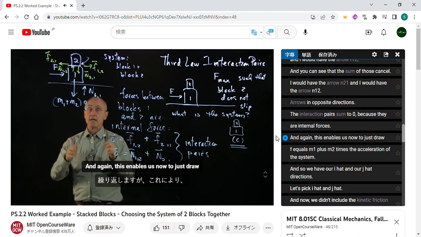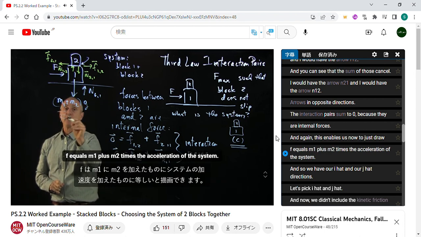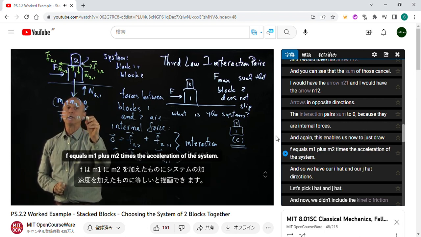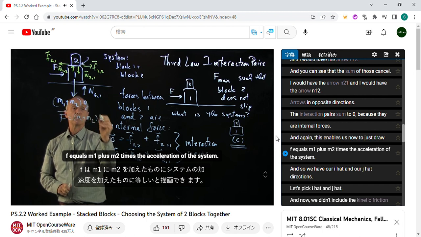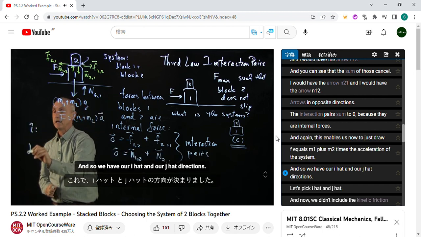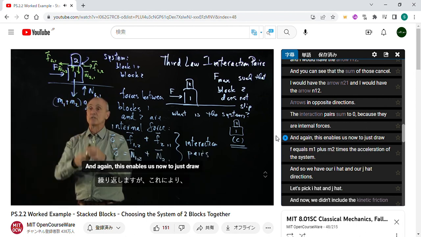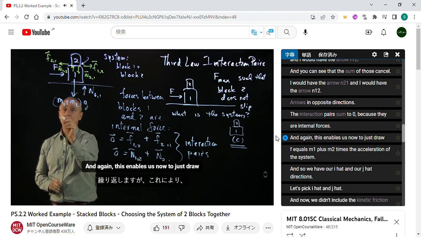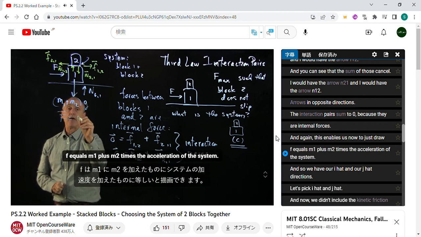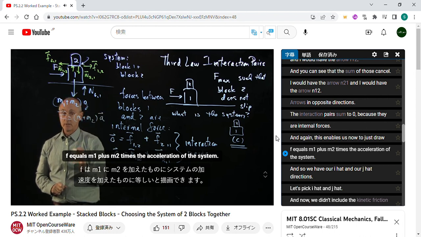And again, this enables us now to just write F equals m1 plus m2 times the acceleration of the system.